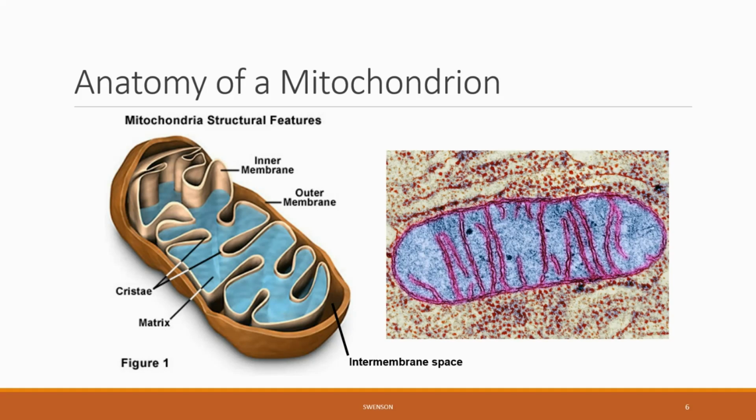Starting from the inside out, we have the mitochondrial matrix, which is to the mitochondria what the cytoplasm is to the cell. Next is the inner membrane, and then the outer membrane. Between the two is the intermembrane space. The inner membrane has a very unique structure with numerous folds called cristae, which can be seen in the microscopic image dyed pink in color.